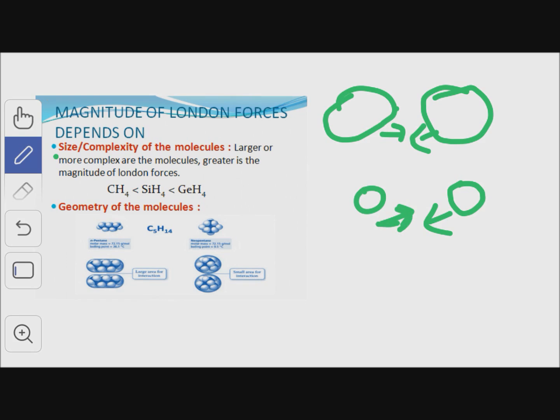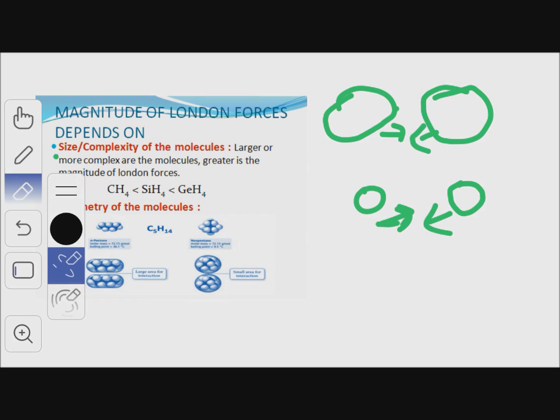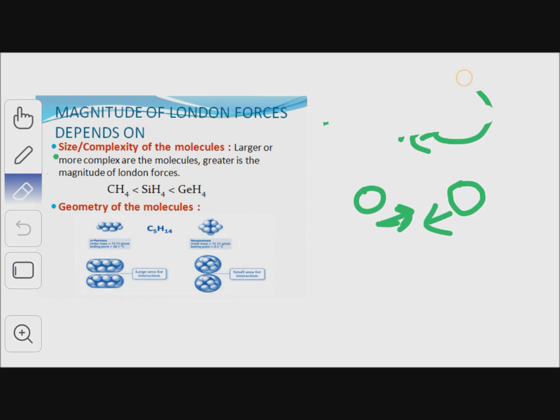Larger size means larger molecular mass. When we move down the group from top to bottom, the size of the atom increases or the size of the molecule increases. As the size increases, mass also increases. It means London forces depend upon the molecular mass. When molecular mass increases, London forces also increase.